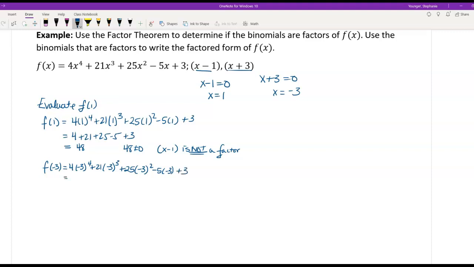All right, so this becomes 4 times 81 plus 21 times negative 27 plus 25 times 9 plus 15 plus 3. All right, so when we keep simplifying this down, we actually end up getting 0. So because 0 equals 0, x plus 3 is a factor.